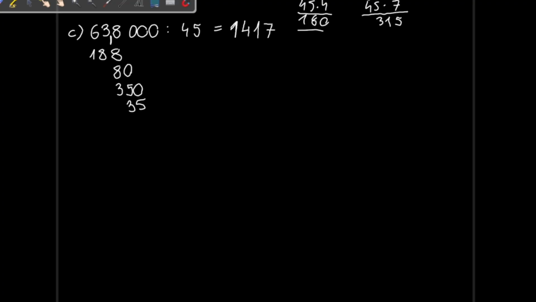So we write another 0 down. And then again 350 divided by 45 is 7. And 35 again remains once again. So I will write it here, 35 remains.